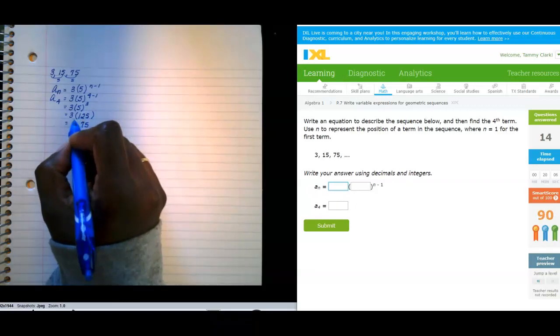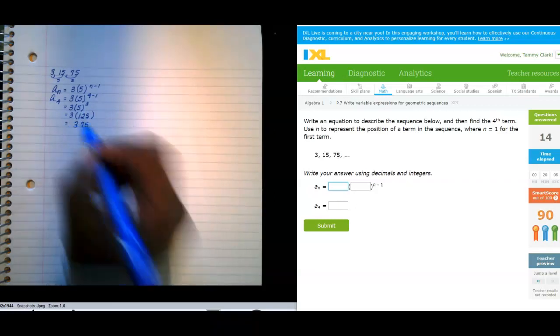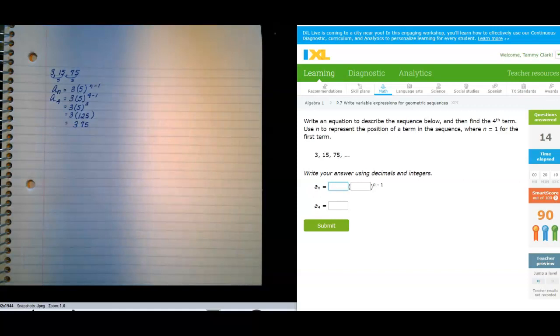And then 3 times 1 is 3. So we would have 375. And if you want to check it, just multiply, because it's the fourth term, multiply 75 times 5, and you would see that you would get the same answer. So we've got 3 and 5, and then our answer here is 375.